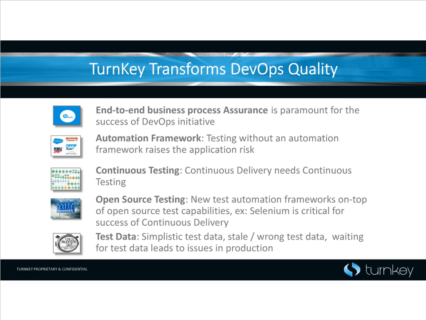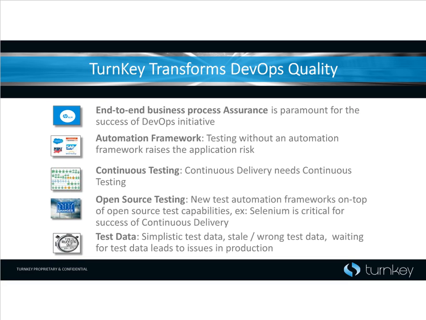So doing that without an automation framework raises the application risk, and I think that this increases over time as we see the rise of other types of technologies that are used in a variety of different DevOps initiatives. It requires that we use continuous testing, and it requires that this automation framework be able to support those.